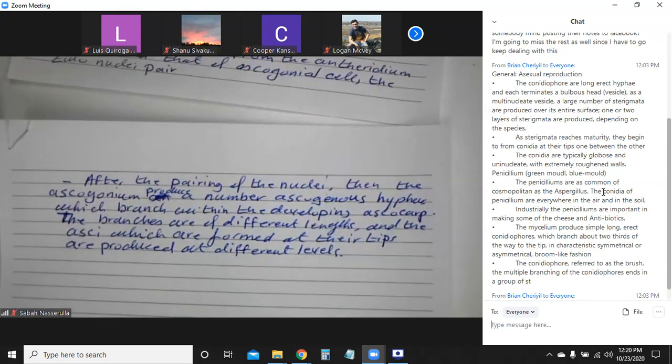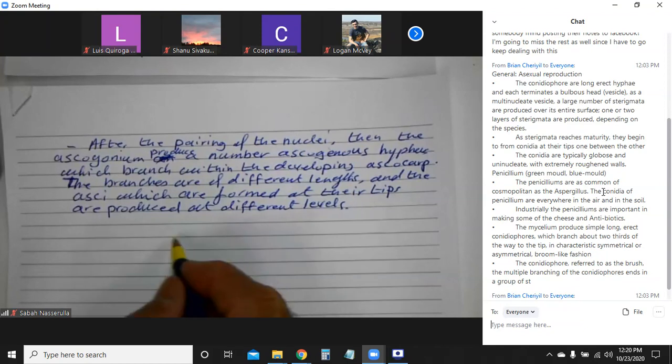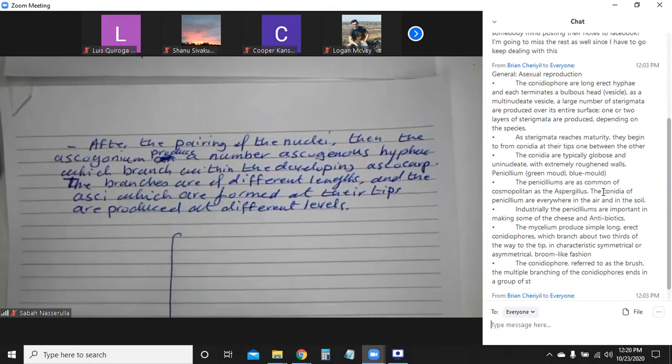So basically what I'm trying to show to you here is that if you have this, this is the ascogonium, because it doesn't show on that picture there.